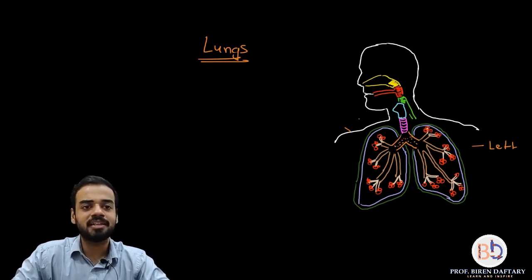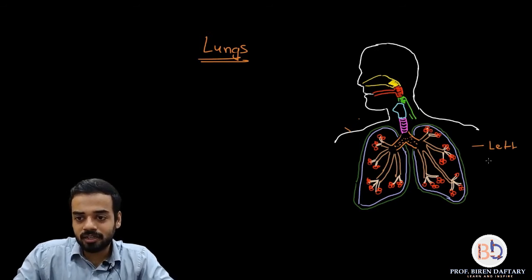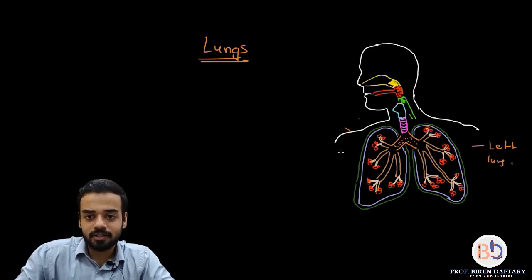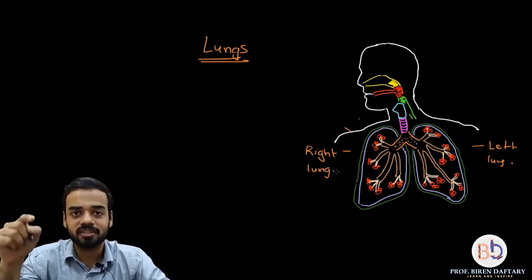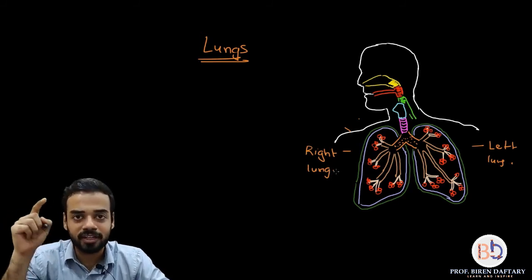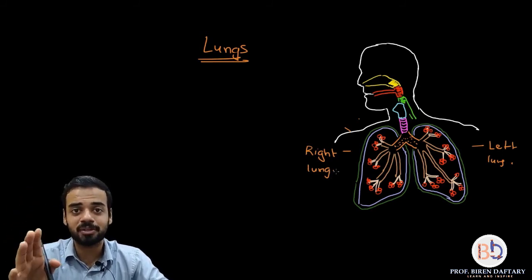So it is basically like a protective bag. Now again, as I told you earlier, this is the left lung, this is the right lung. Please remember, in anatomy these directions left and right are according to the person whose diagram you are studying. It is not according to your left and right, because this is a very common mistake most students make.